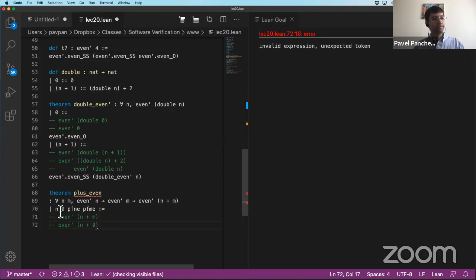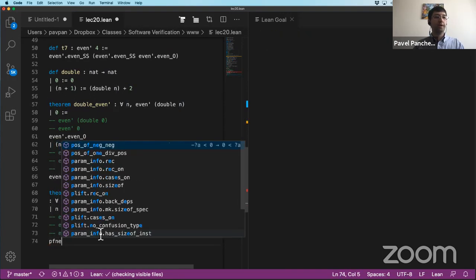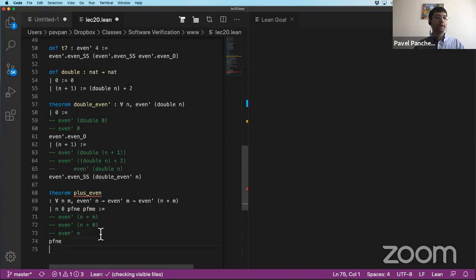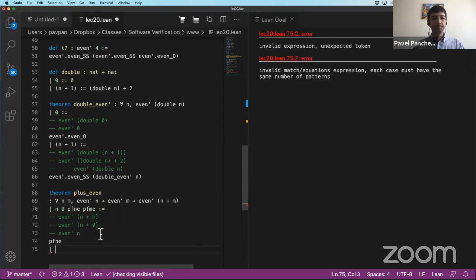I've changed it to m. So I'm looking at m is 0, and trying to prove that n plus 0 is even. Well, of course, n plus 0 is equal to n, and I happen to have a proof that n is even, and that is right there.